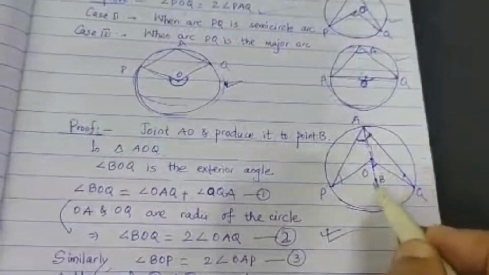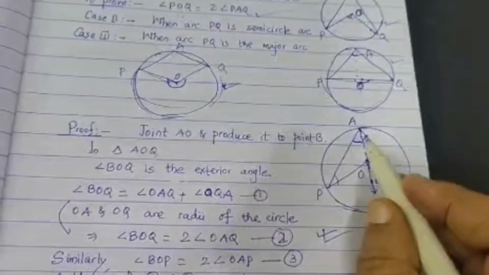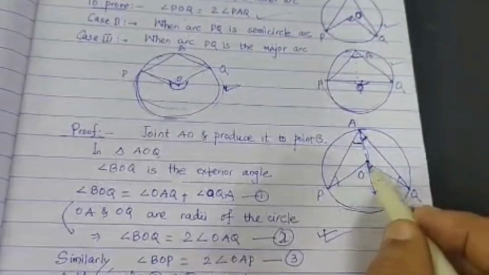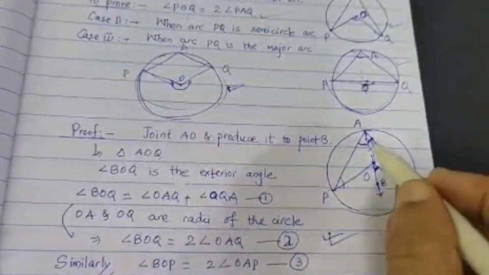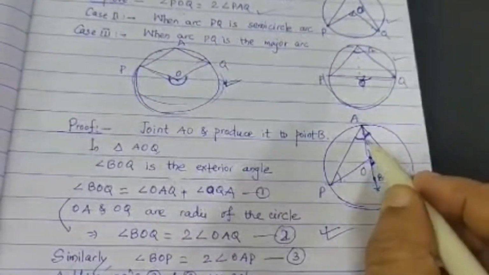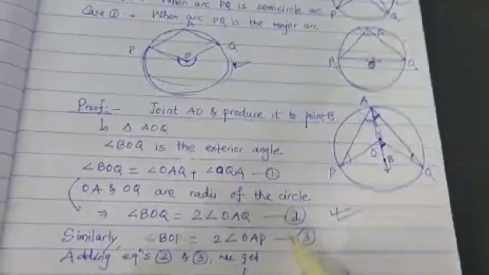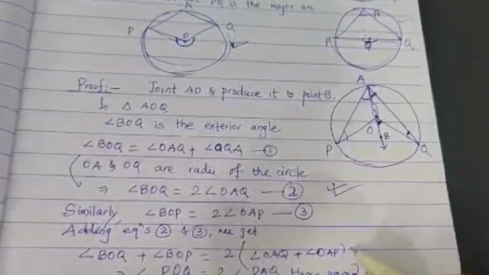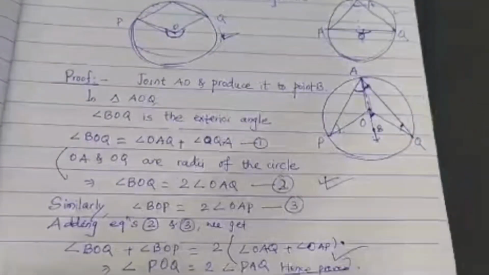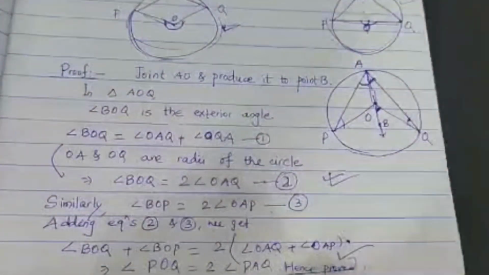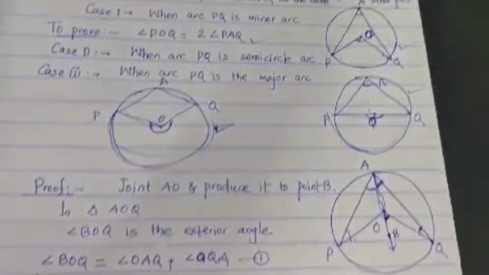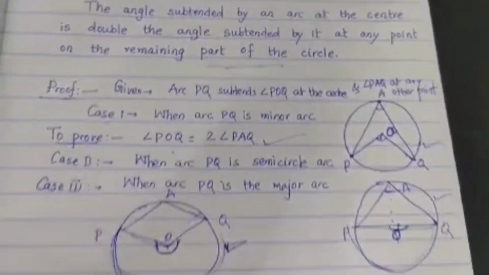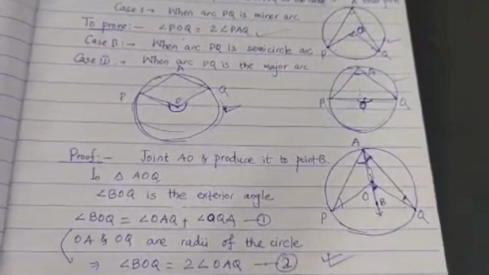In this triangle, the exterior angle is equal to the sum of these two interior opposite angles, and these two are radii of the circle, so these two angles are equal. So we reach that angle POQ is equal to twice angle PAQ. Adding these two equations proves the theorem. I hope you have understood it very well. Now let's move on and see some other theorems.